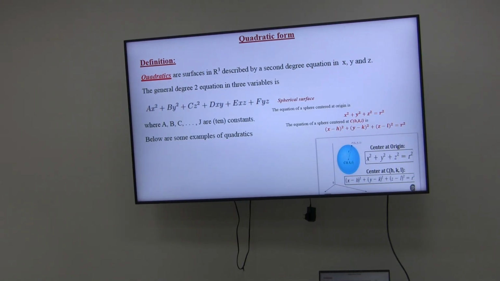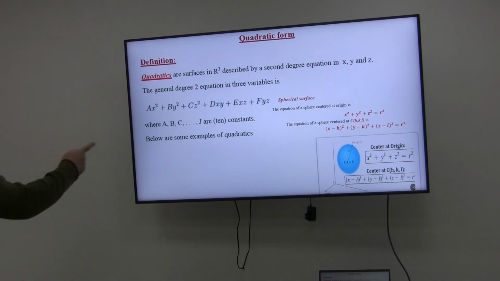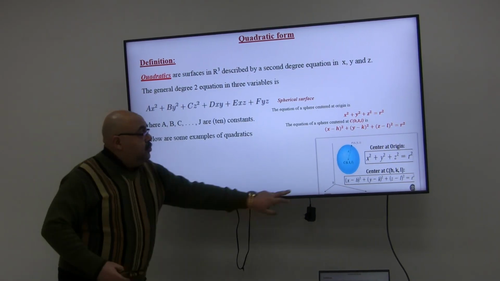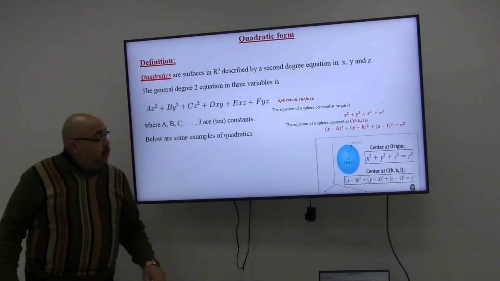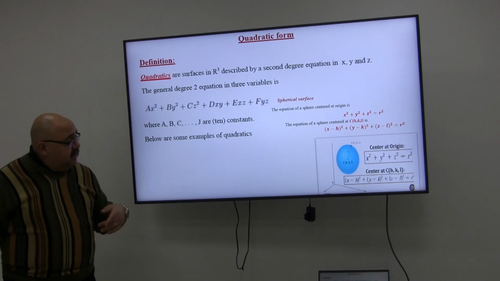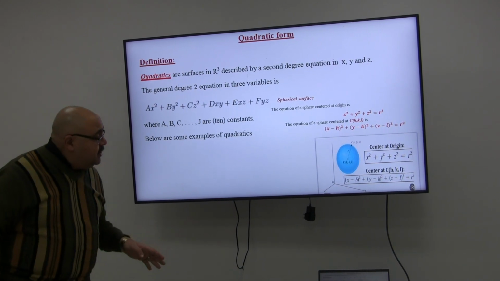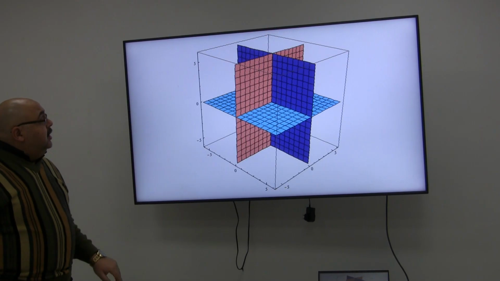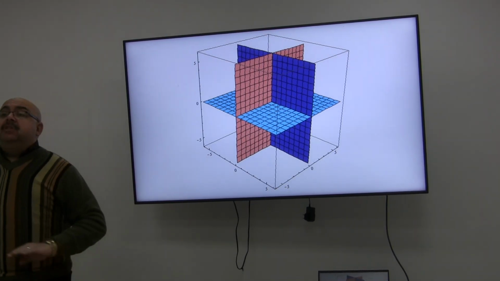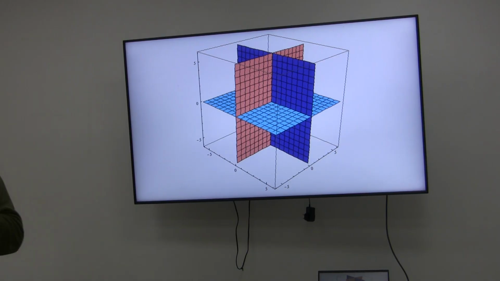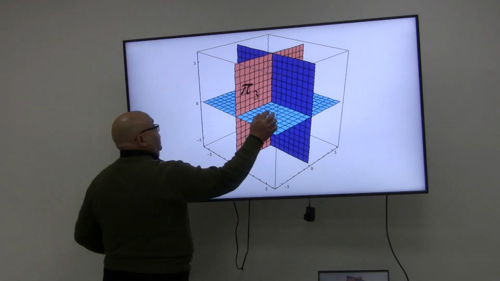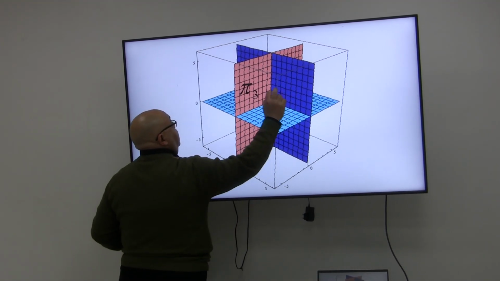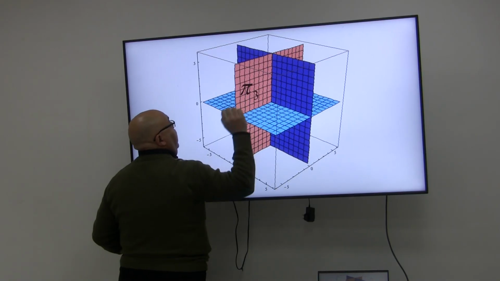The equation of the sphere, as we saw previously, from your main slides, has a radius and a center, which is (h, k, l). This is the equation in general, so nothing new. For the space in 3 dimension, and this is trivial, I have the xy plane, the yz plane, and the xz plane.